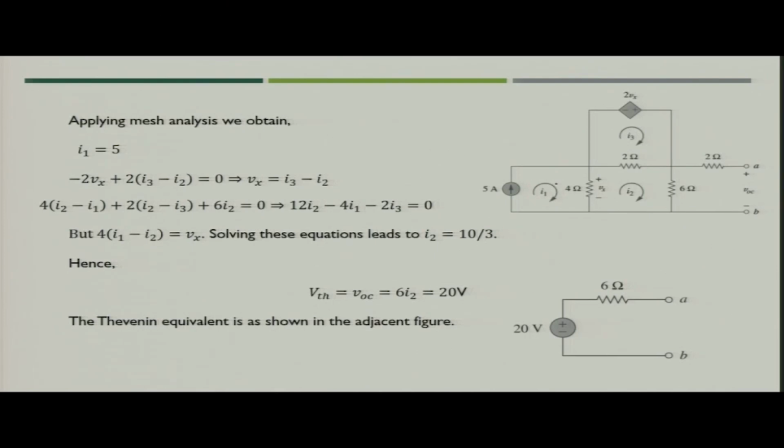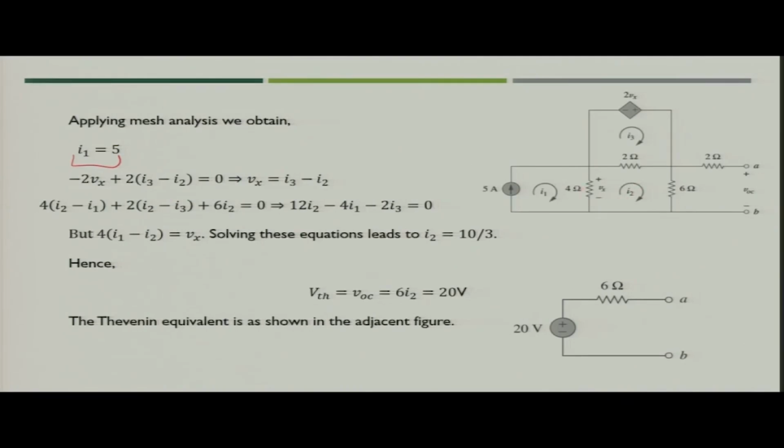So if you see this one, you will simply get I1 is nothing but 5 ampere, because this is the independent current source connected to this. For the next mesh, what will you get? Basically the value as I2 is going in this direction.